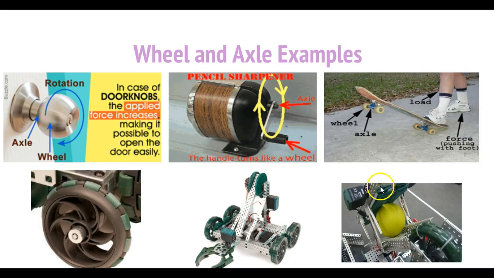So we actually have some tread attached, and the tread is going to grab the ball as we use a wheel and axle to rotate this tread up and down. We're going to grab our ball, and it's going to actually cause our ball to be lifted. So those are 3 different ways that you can use your wheel and axle in a robotic build. And at the top are 3 different ways we use our wheel and axle in everyday life.